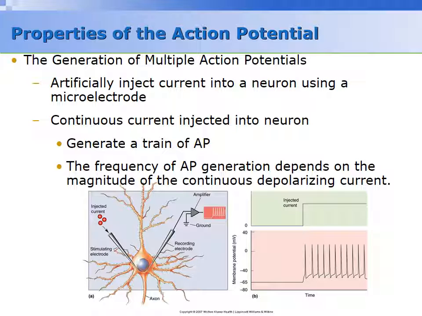Based on that and many other studies, we now know that action potentials could be as infrequent as 1 hertz, which is one spike per second, or up to 50 hertz, which is 50 spikes per second.